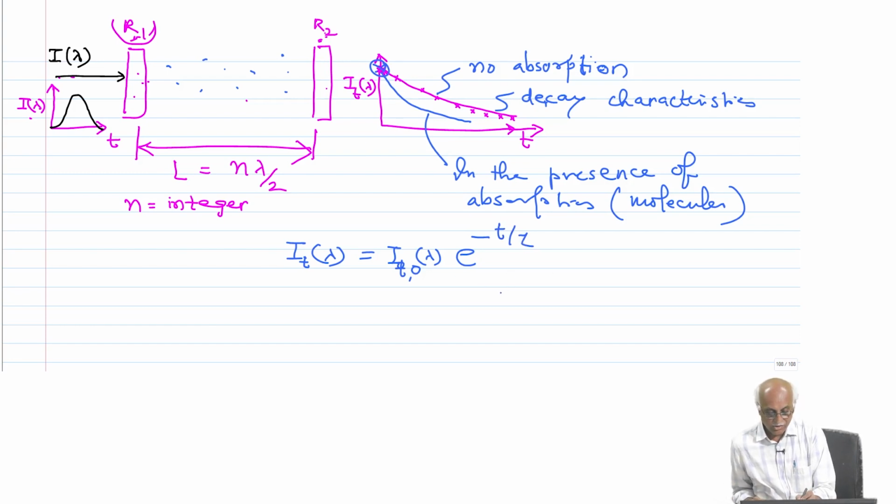This tau is the time when the transmitted intensity becomes 1 by e of its initial intensity I_0, or I_T at t equal to 0 for lambda. Then we get tau as the cavity lifetime.